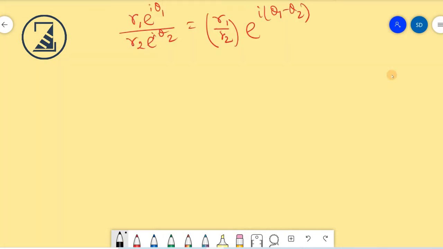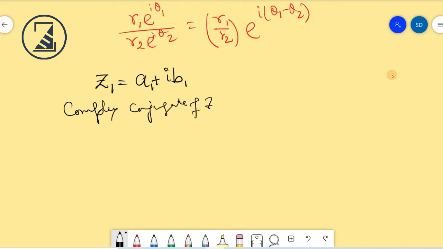Now let's talk about another important concept in complex numbers, that is the concept of complex conjugates. See, if Z1 is represented as a1 plus ib1, then we write the complex conjugate of Z1 as Z1 star.